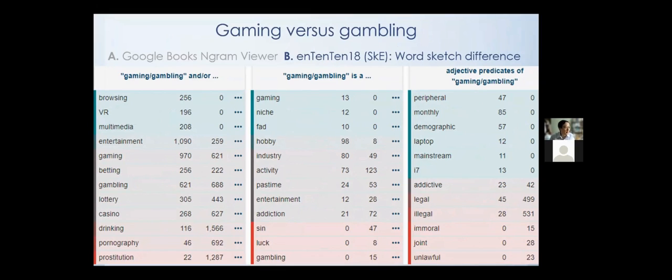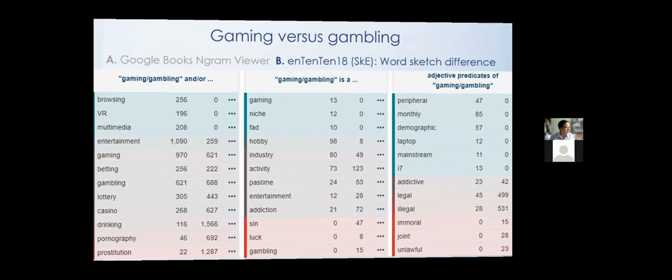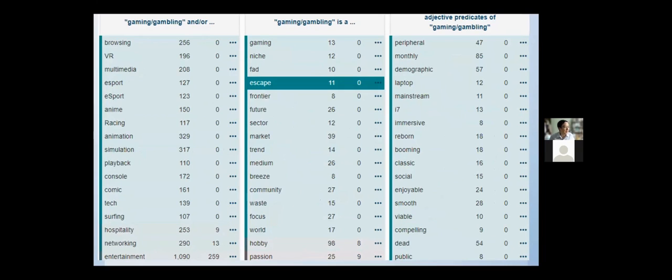Using contrast, we can see that gambling seems to be a sin, about luck, an immoral thing. About immoral things, illegal, unlawful, and other things. By contrast, gaming goes with some positive things, entertainment, etc. So we can show contrast.